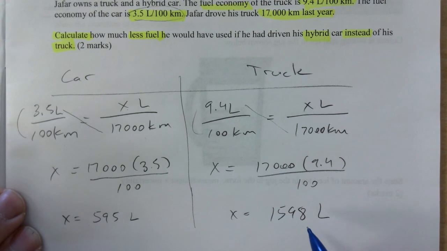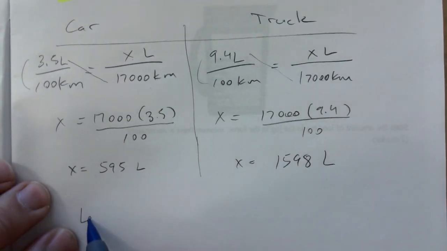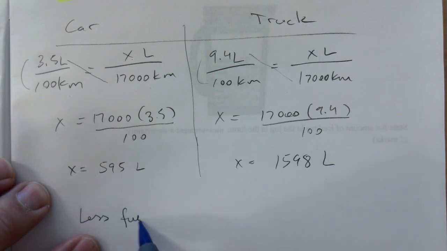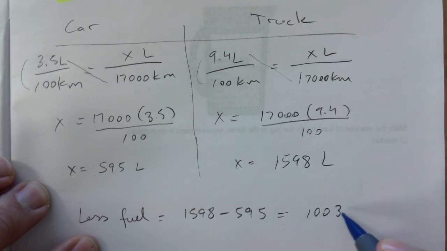But we're not done yet. How much less fuel? 1598 minus 595, 1,003 liters less fuel using the car.